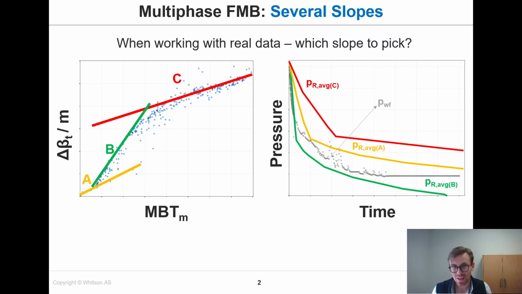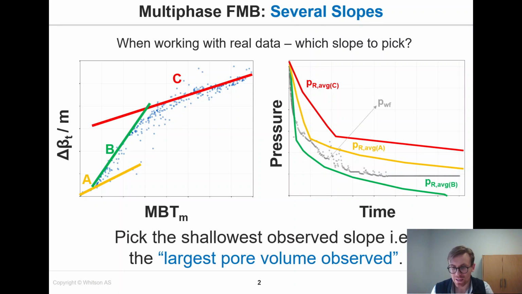Okay, and in this particular example, this shallowest slope would be the largest pore volume that you're seeing as a part of the diagnostic plot right here, and you should, as a general rule of thumb, pick the shallowest slope observed, when the largest pore volume is observed. Okay, so if you're picking the shallowest slope on the graph to the left, you're essentially picking the largest pore volume observed, at least until that point in time in history.